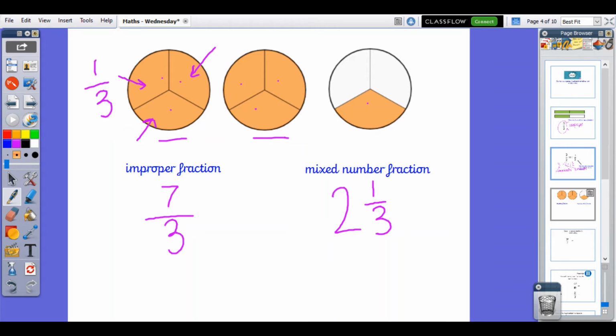Or if I wanted to get it from my improper fraction, I could have done 7 divided by 3, so my numerator divided by my denominator, which is equal to 2, remainder 1. So we could say it as 2 and 1/3. Super.